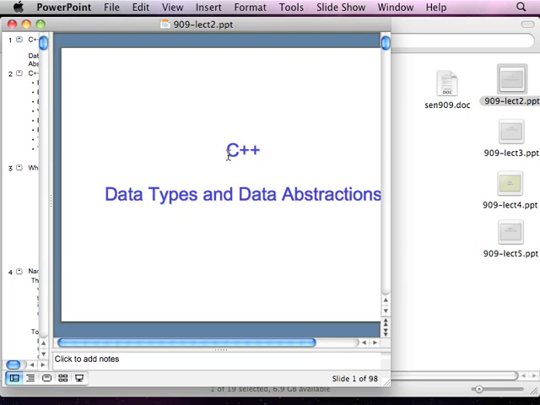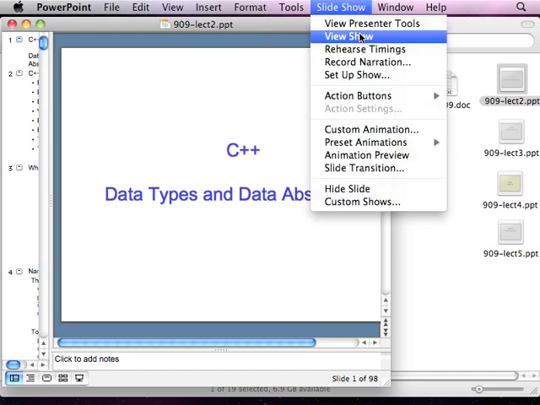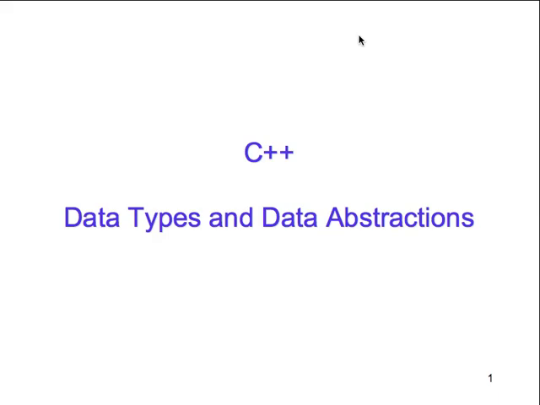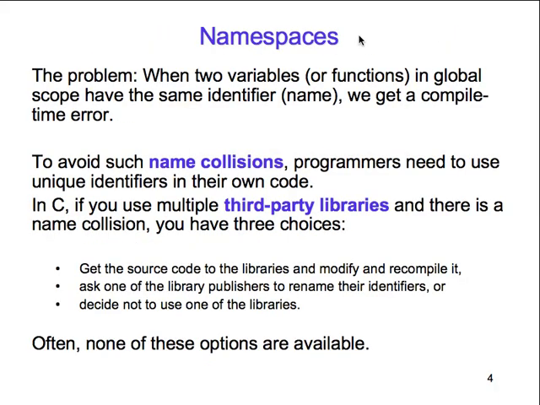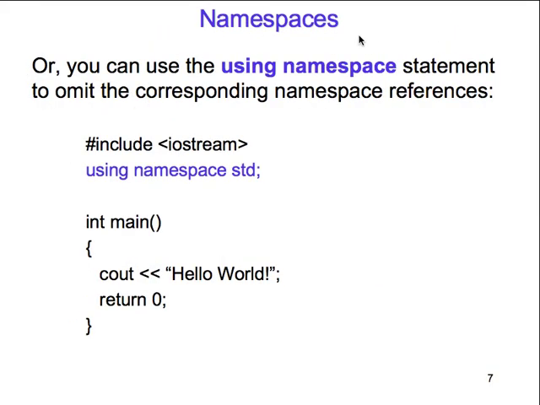You're asking about the angle brackets versus the double quotes. Use the double quotes if it's in the same directory. The angle brackets search in the directory tree, the hierarchy, to find it.